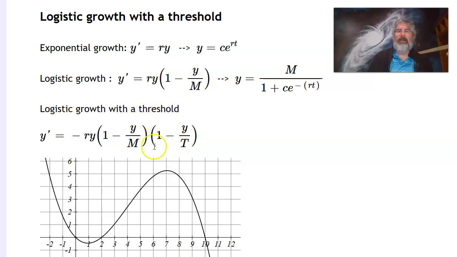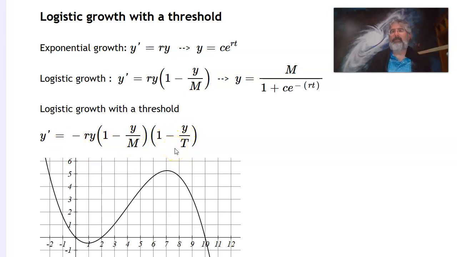So when I throw this extra factor in here, with the minus in front of the y, this now becomes a cubic. If I didn't have this minus out in the front, then I'd have a cubic that would be opening upward because the y cubed would be positive. So essentially you can say I'm throwing in this factor of 1 minus y over t and the minus sign, or maybe what I'm doing is throwing in the factor of y over t minus 1.